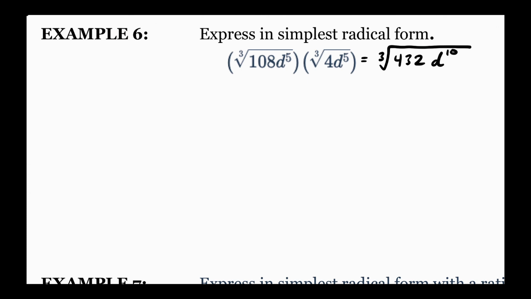Now do the problem like you did number 3 or 4. Number 4, I think it was. I'm looking for triples here. So I've got to break down 432. Luckily, they told me what multiplies to be 432: 108 and 4.